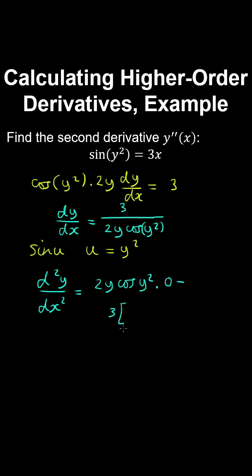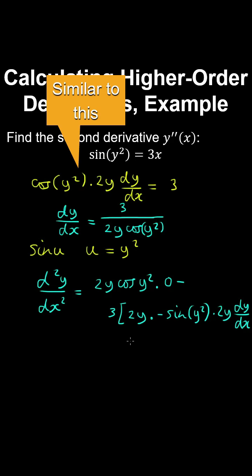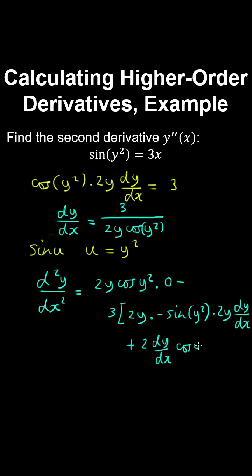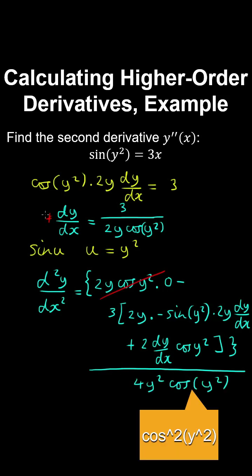So we obtain that using the product rule. So keeping the first function constant, and differentiating the second function, we obtain minus sine y squared by 2y dy dx. And then differentiating the first function, and multiply by the second function kept constant. And all of this is divided by the square of the lower function. And substitute for dy dx to obtain your expression for the second derivative.